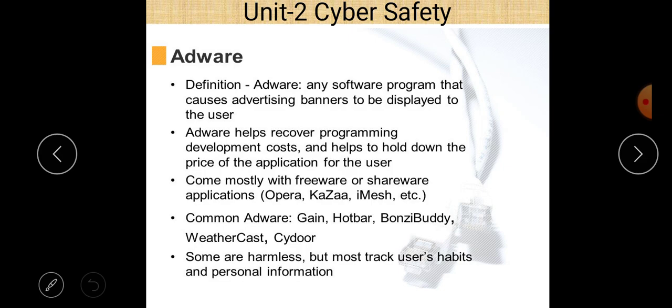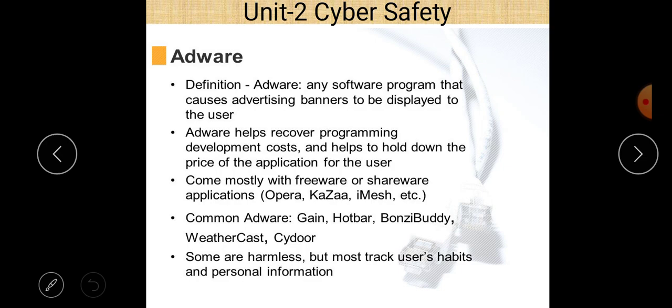Adware helps recover programming development cost and helps to hold down the price of the application to the user. These come mostly with freeware and shareware applications like Opera, Kazaa, iMesh, etc. Common adwares are Gain, Hotbar, Bonzi Buddy, WeatherCast, Sidebar. Some are harmless, but some track your habits and personal information.